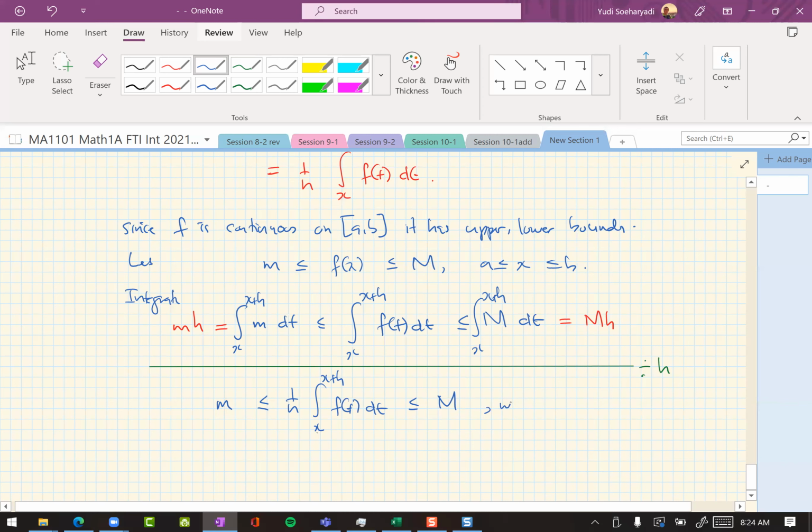So we take m to be the minimum of f(t) for t between x and x plus h, and M is the max.